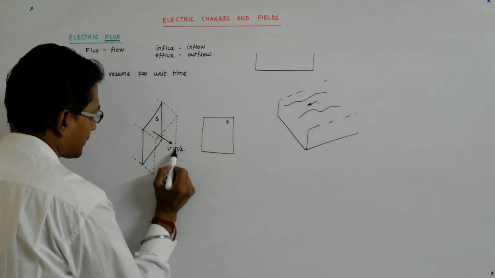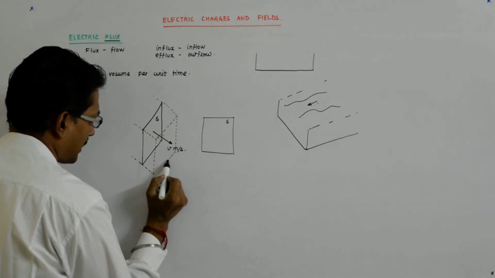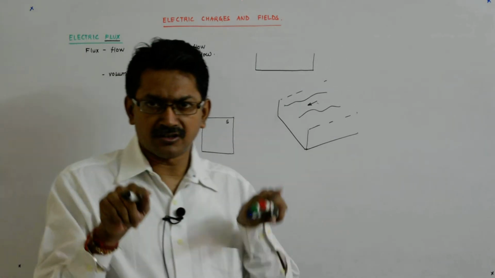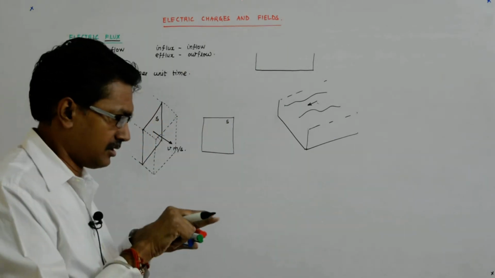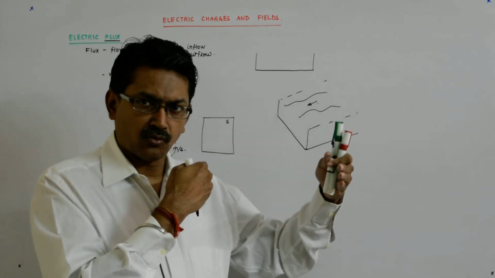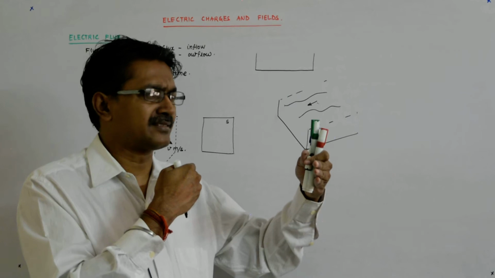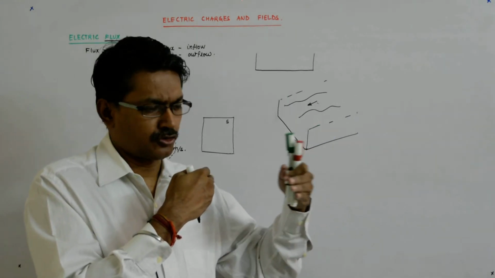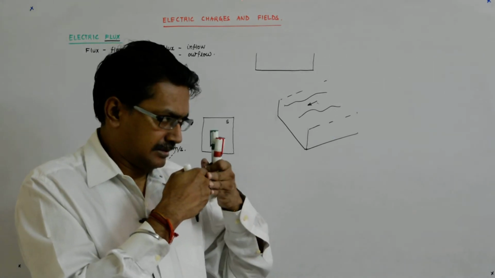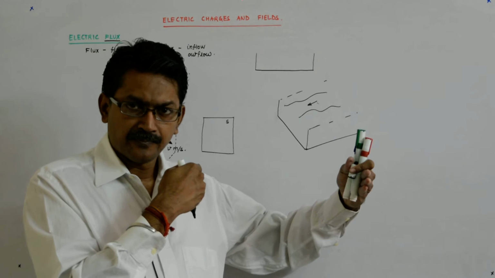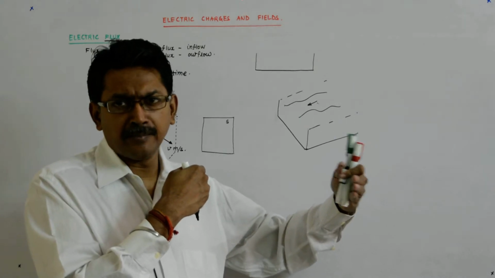Do we see that? So this is the cross section. Here, in 1 second, and assume that the water is solidified for a moment, so it's flowing like an ice. So it flows out a length v meter in 1 second.